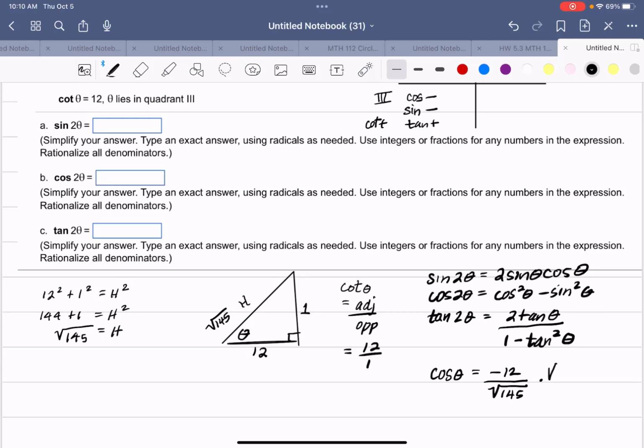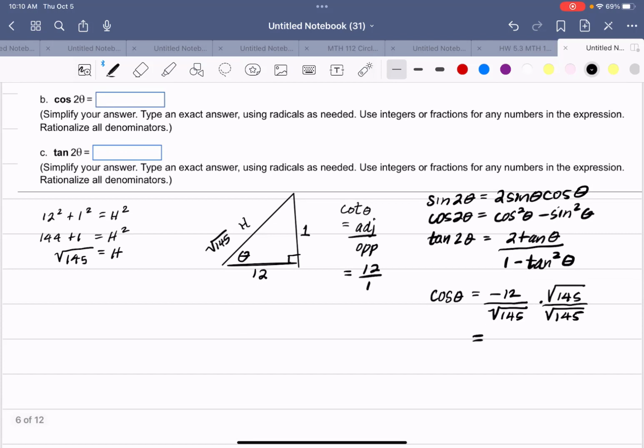And I'll go ahead and reduce this, at least by getting the radical out of the denominator. Multiply the top and bottom by the square root of 145. So minus 12 times the square root of 145 over 145. And don't forget, it's a negative.